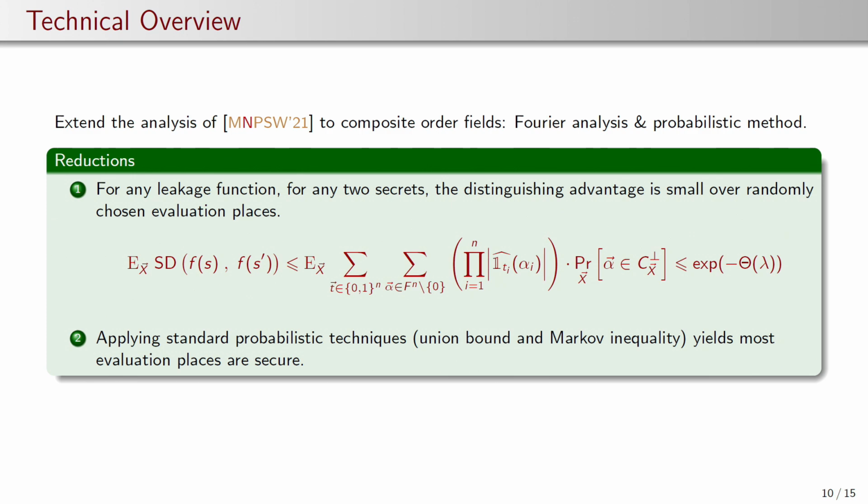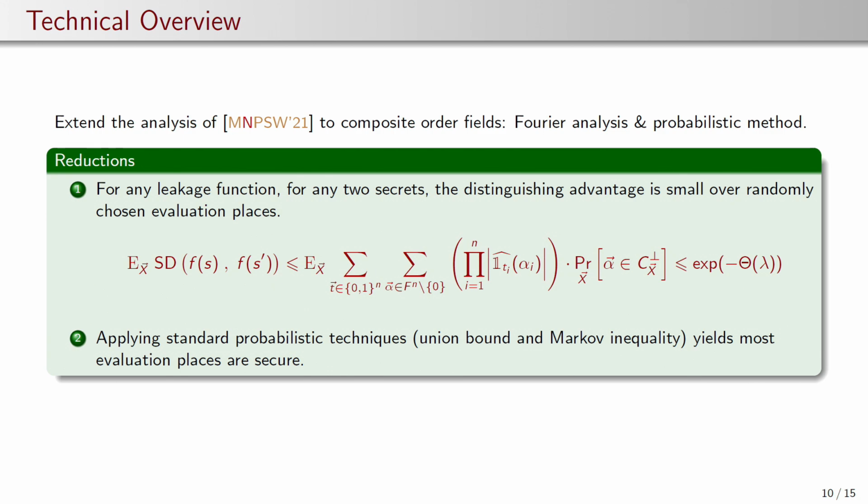Okay, so for the rest of the talk, I will give an overview of our randomized constructions. If you are interested in the second result, the derandomization, you can take a look at our paper, or we can discuss it offline. At a high level, to prove the results, we extend the analysis of the result over prime field, and we use Fourier analysis and probability techniques.